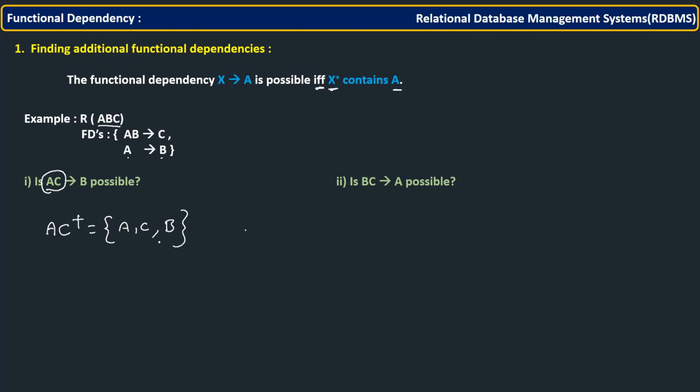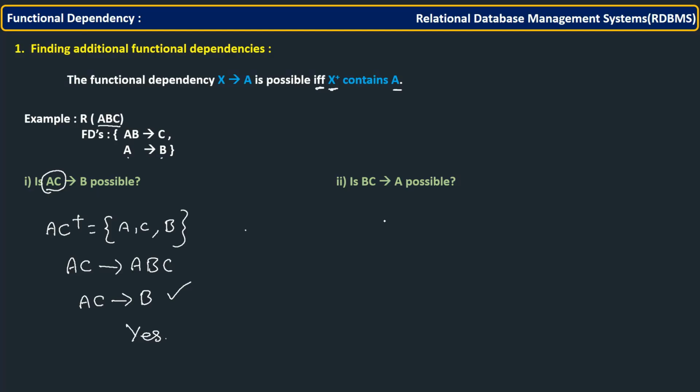Now AC is deriving, you can write down like this, AC is deriving ABC, and by using the decomposition rule, you can write down AC deriving B. So that is what is being asked, right? Is AC deriving B possible? Yes, it is possible.